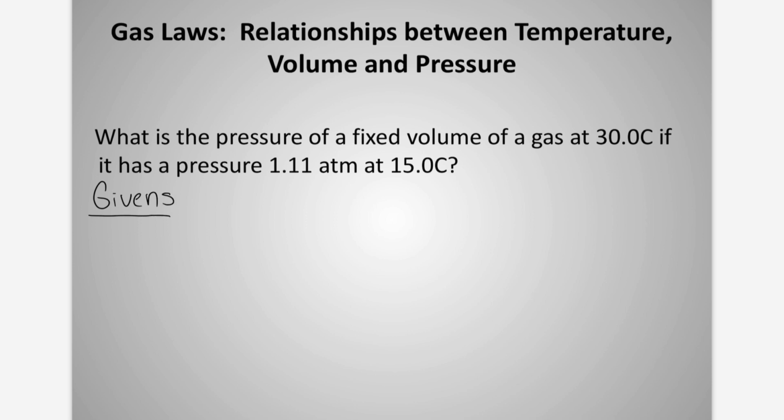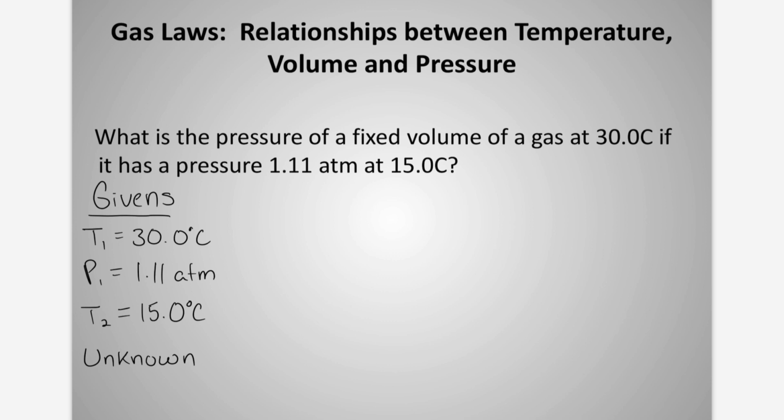Our temperature 1 is 30.0 degrees Celsius. Our pressure 1 is 1.11 atmospheres. And our temperature 2 is 15.0 degrees Celsius. Our unknown in this case is our second pressure. So P2 is what we're trying to solve for.